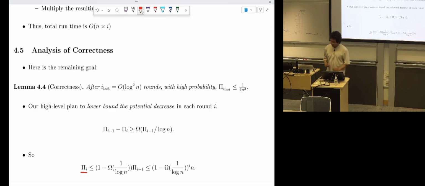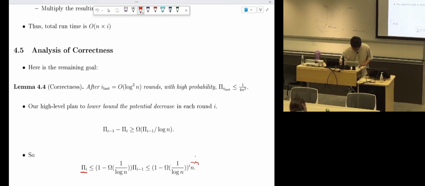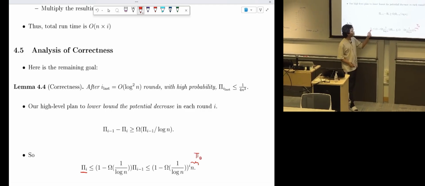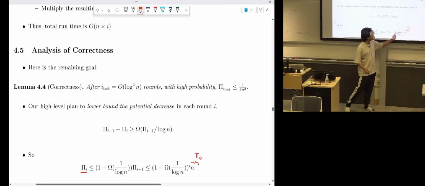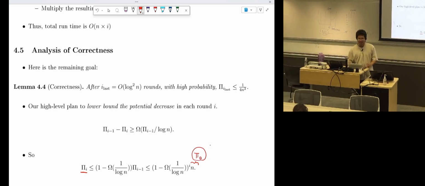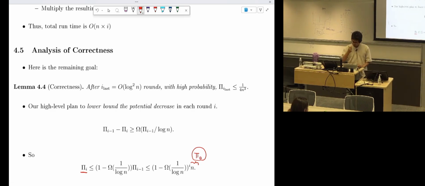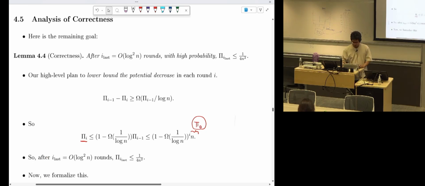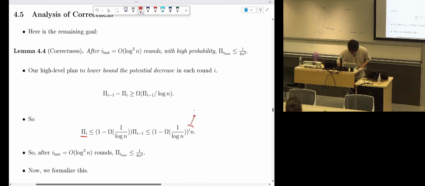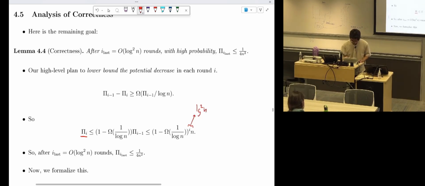So it means that the new potential at round I is going to be at most 1 minus 1 over log, to the I, times n, because the potential at time 0 is at most n. And once we have this, if you repeat log square rounds, when I here is something like 10 log square, then this whole thing is going to be at most something like n over 10.